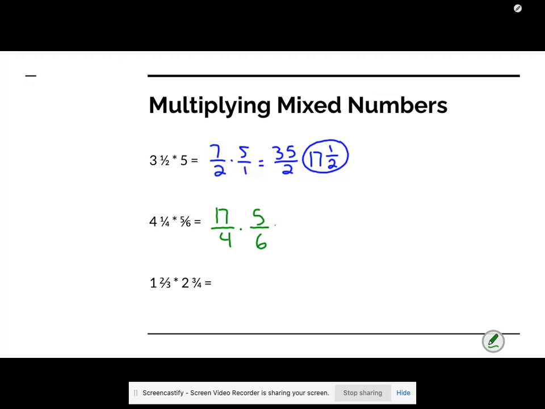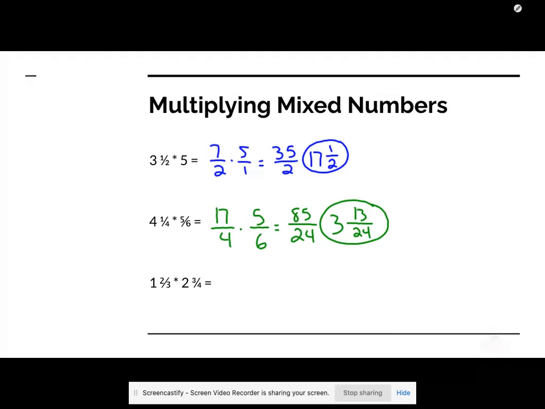And so in this case, again, I don't have anything I can reduce. But 17 times 5 is 85. And then I get 24. Doing some mental math here, I know 24 goes into 85 3 times, which is 72, which gives me 13 left over. And then 24 in my denominator.